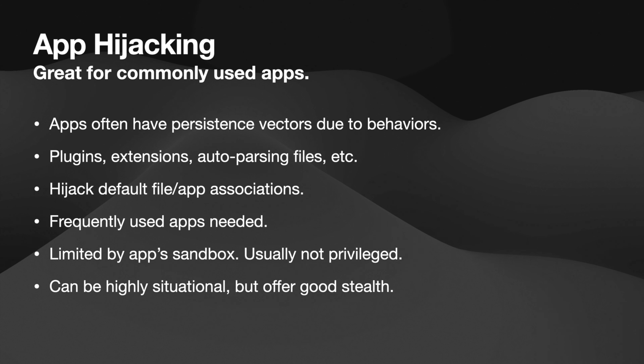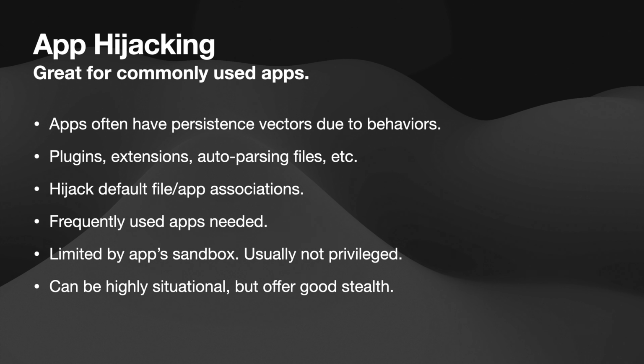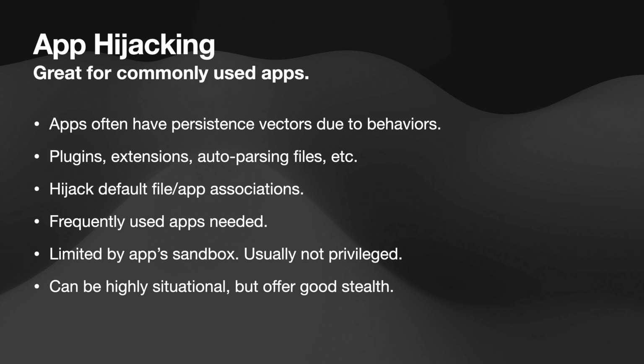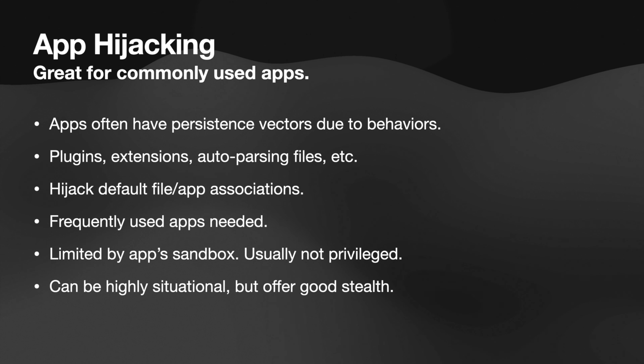But if an app isn't using an Apple API to do something, they don't have to stay within Apple's security rails. Practically speaking, third-party apps are a lot more practical to exploit and hijack compared to the OS itself, in my opinion. But you do have to find vulnerable apps that are persistently exploitable to boot. Defending against these is also quite difficult because it's so situational. It's unique for every app.